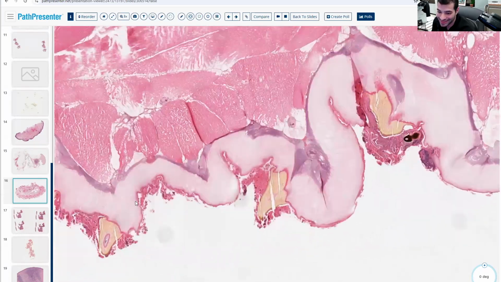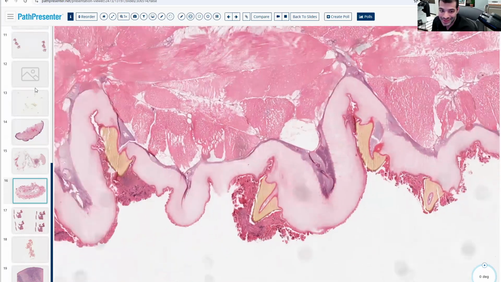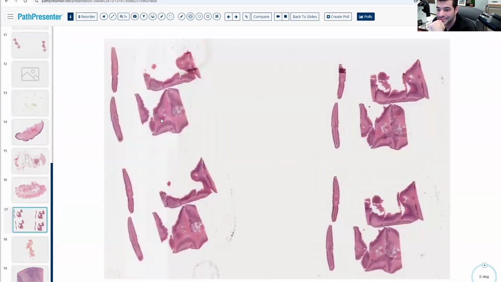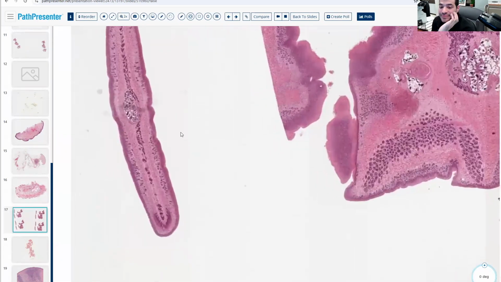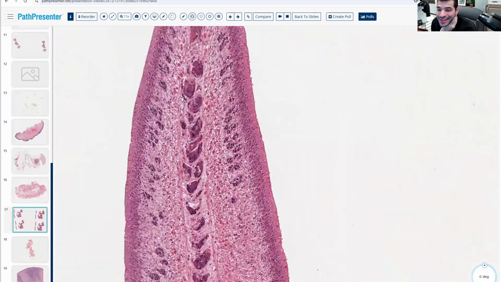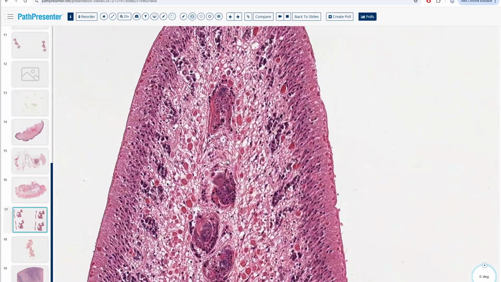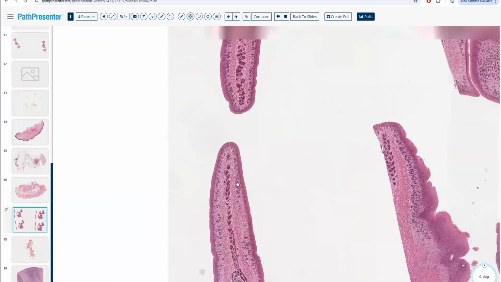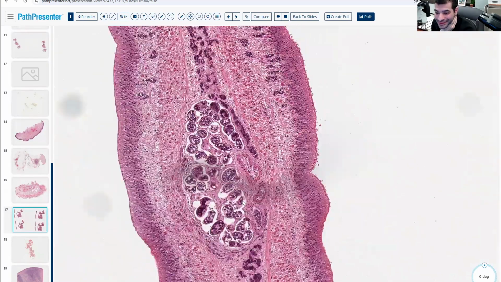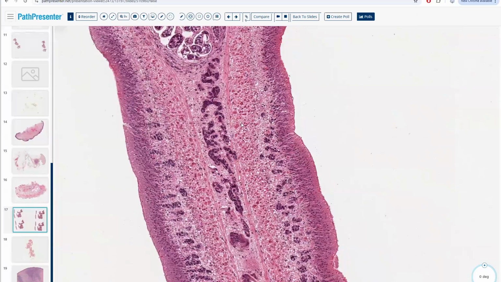Look at these spines. Okay. This is the actual worm. The actual worm. Wow. Love seeing that.